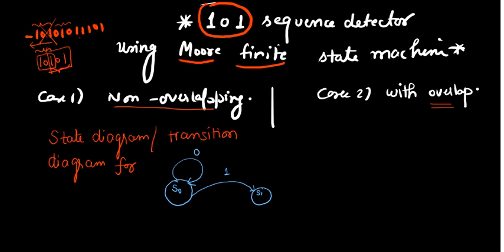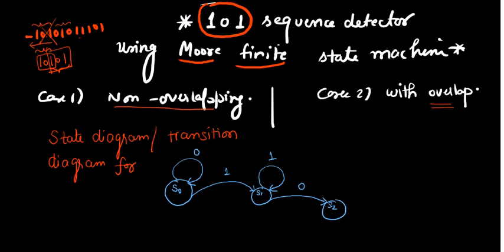Now at S1, we are waiting for 01. If 1 comes, if after 1 we again receive 1, it is again like we are waiting for 01. So we will remain in S1. But if 0 comes, we will move towards the next state.